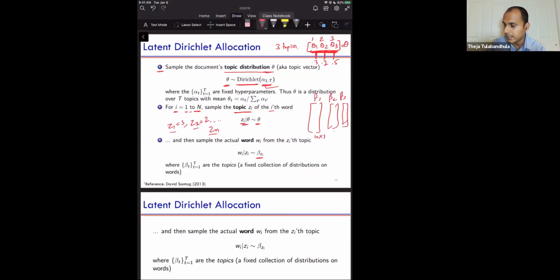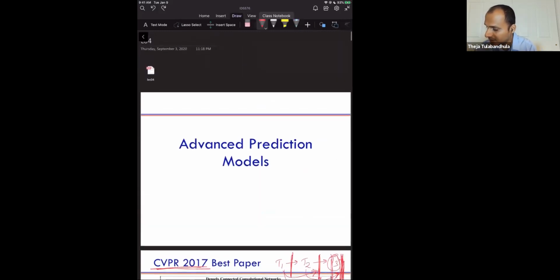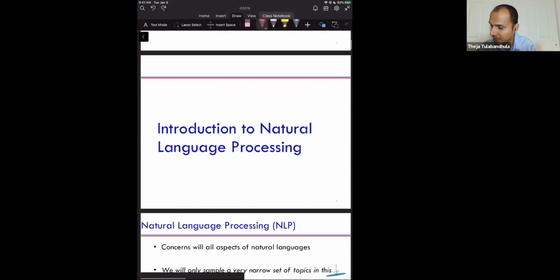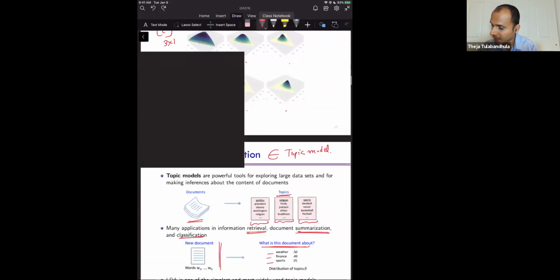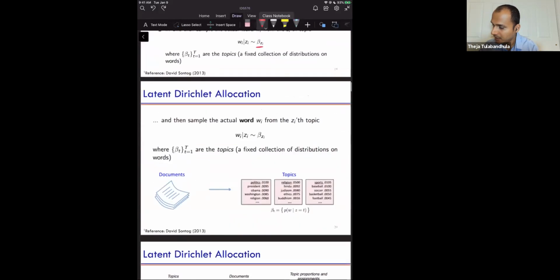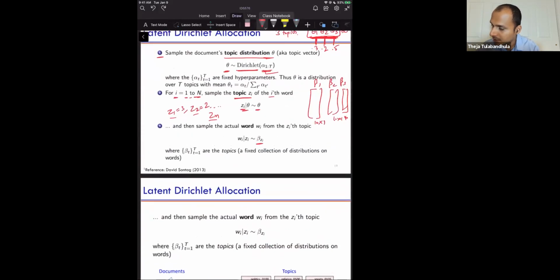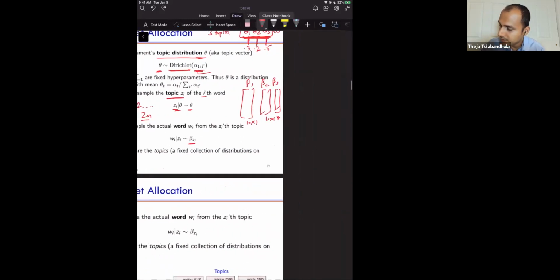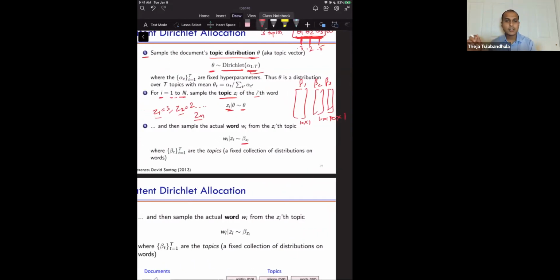These are 10 cross 1. So beta 1, beta 2, beta 3 are again probability mass functions. The entries are, let's say, 0.1, 0.01, 0.9, and so on. So these are probability mass functions over words.